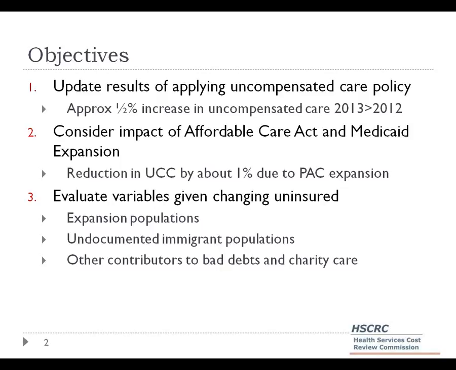Each year we review the amount that is included in rates for uncompensated care based primarily on what occurred in the last fiscal year. And for fiscal year 13, there was an increase in uncompensated care reported by hospitals on their annual reports. And that increase of fiscal year 13 over fiscal year 12 was approximately 0.5%.